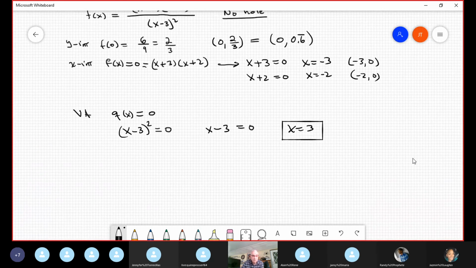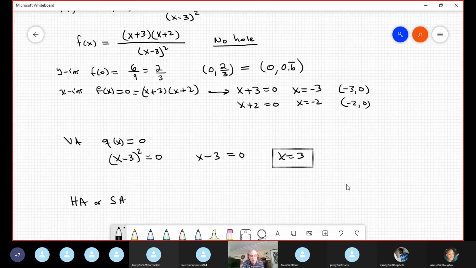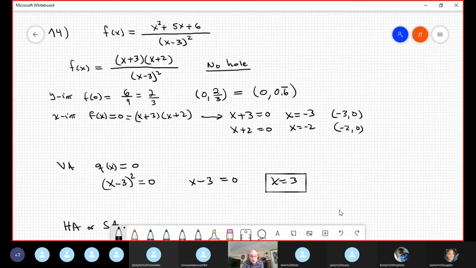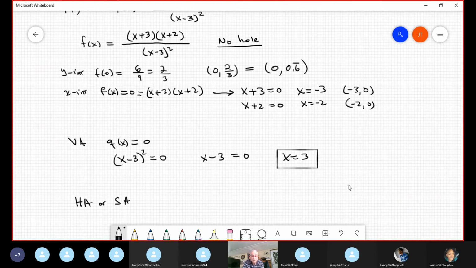Okay, horizontal or slant? Well, the degree of the polynomial at the top is 2 and the degree of the polynomial at the bottom is 2. Same degree, so we have a regular, normal horizontal asymptote at y equals something.